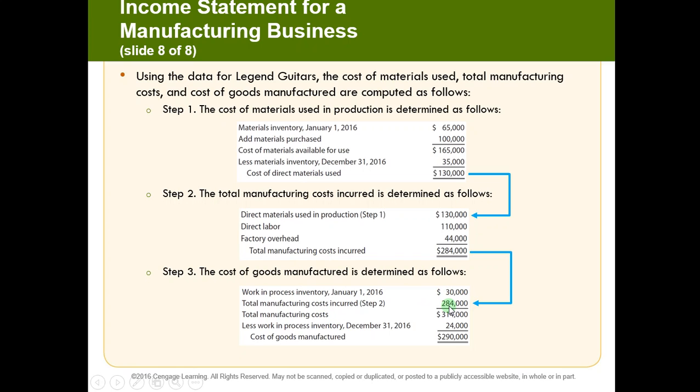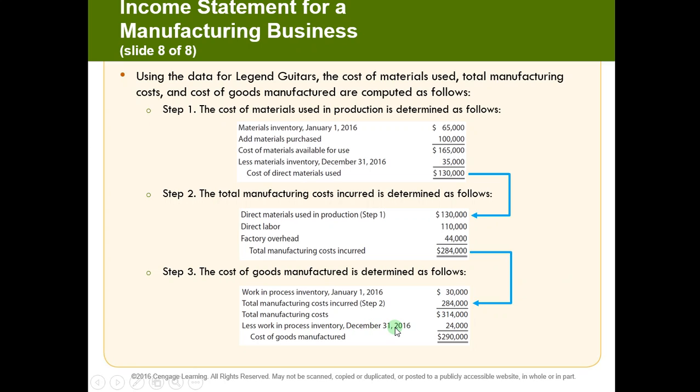I added to that another $284,000 of cost for more products that were ordered during the year. So during the year 2016, I had total manufacturing costs of $314,000 going on.